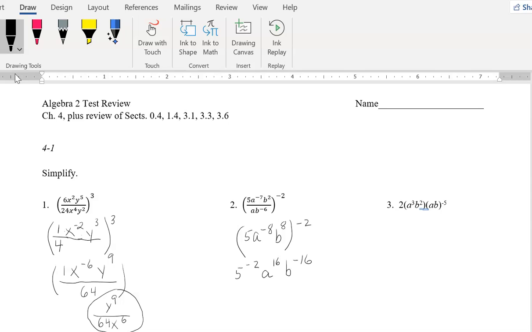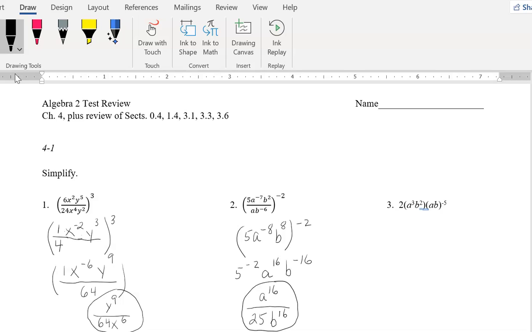This a has a positive exponent, so it's going to stay on the top of the fraction. And in the bottom of the fraction, I'm going to do 5 to the second power, which is 25. So move it down to the bottom and then change the exponent to positive. And the same thing for the b term. It's going to move down to the denominator, and its exponent will also become positive. So there's my answer for number 2.